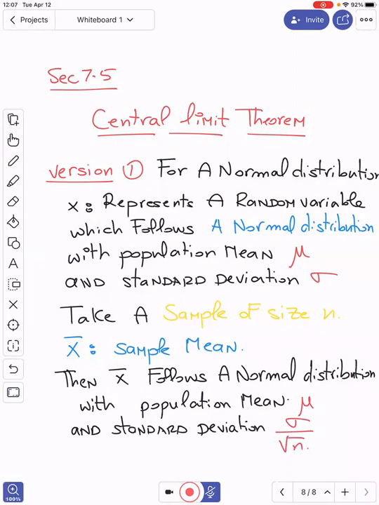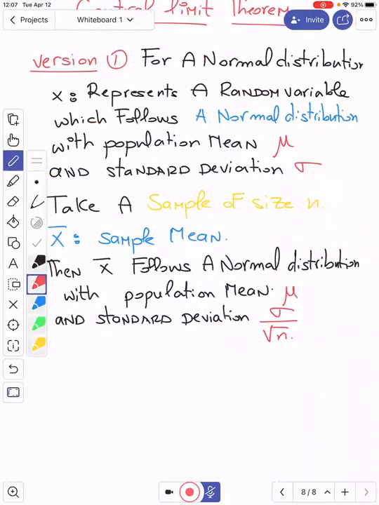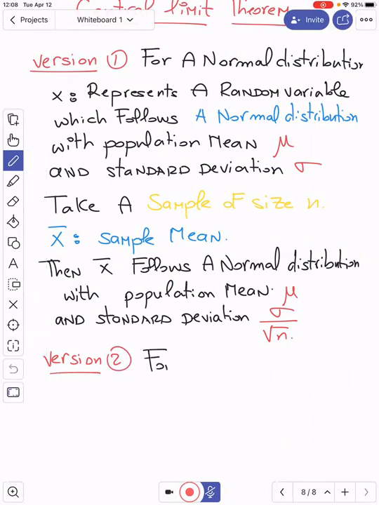In the second version of the central limit theorem, your X follows a random probability distribution. So this is version 2, for any probability distribution. It doesn't have to be a normal distribution.